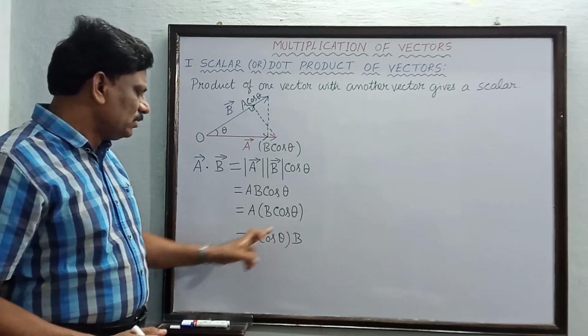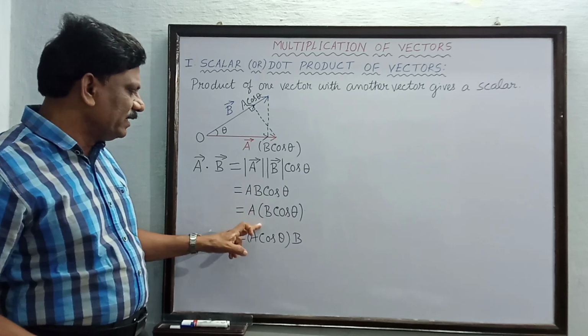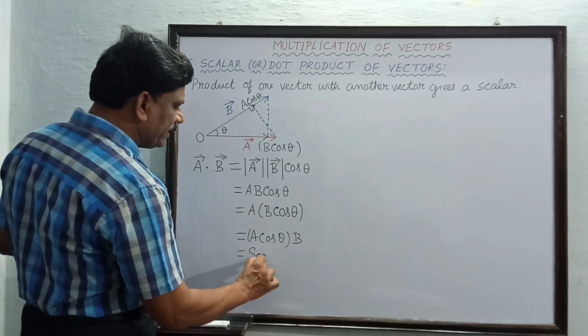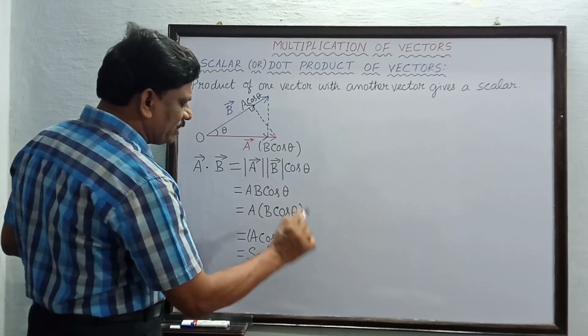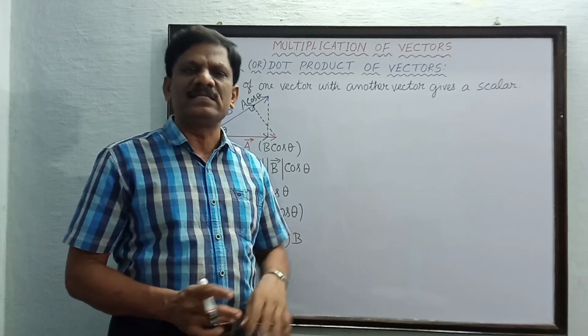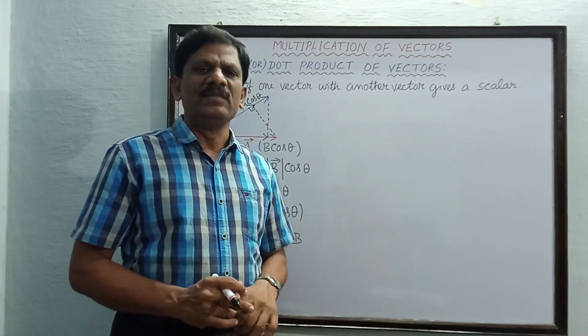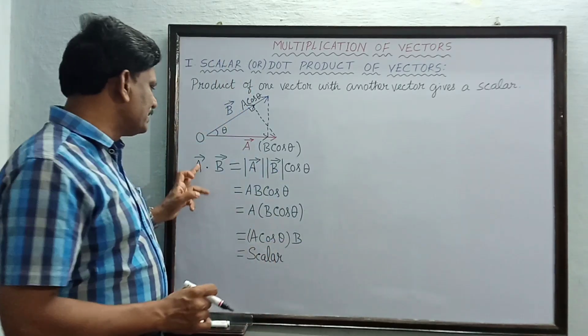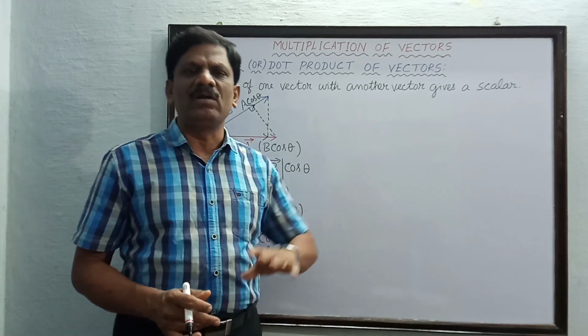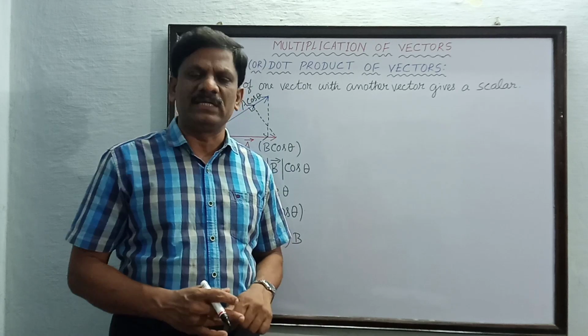So the right hand side is a scalar quantity. Such a multiplication of two vectors which gives a scalar is called the scalar product, and in mathematics it is represented as A dot B. So scalar product is also called the dot product of two vectors.